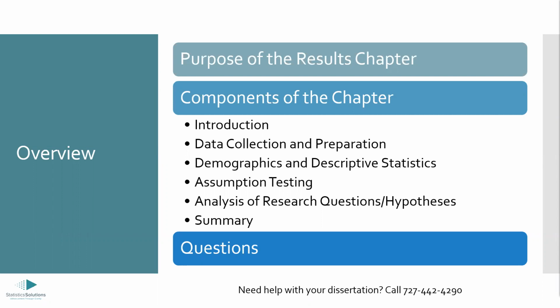And then at the end of the presentation, we'll have an opportunity for you to ask questions. So if you do have any questions, you can put those into the questions section. At the end of the presentation, any questions that aren't answered over the course of the presentation, I'll do my best to answer.